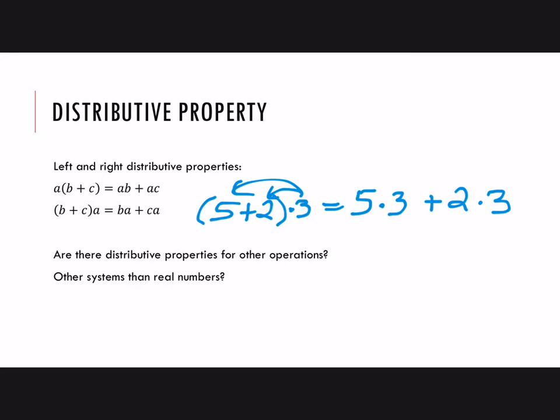Okay. Now to check this, I should mention, let's work these out using order of operations to check and make sure that this works, at least in this case. So we're verifying, we're not proving. On the left, this expression is indicating we should do the parentheses first, 5 plus 2 is 7, and then do the multiplication.